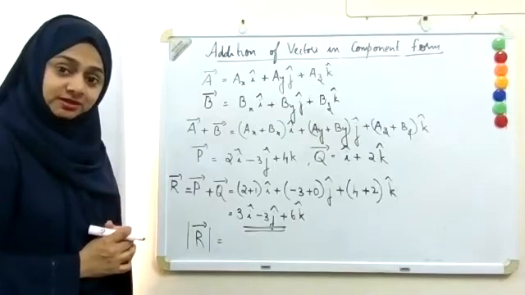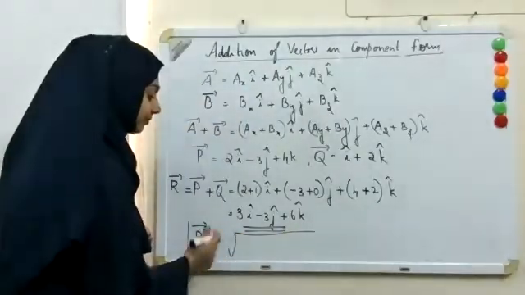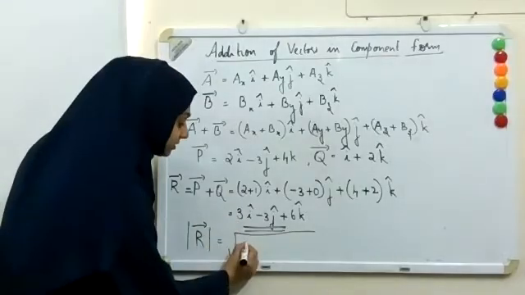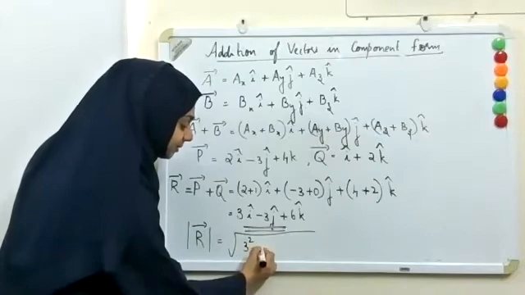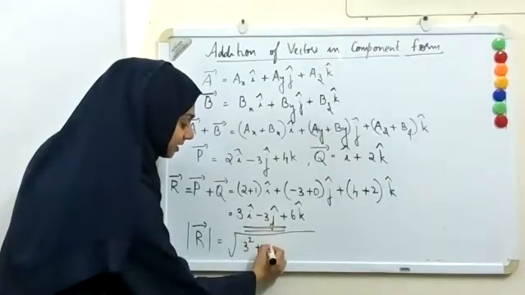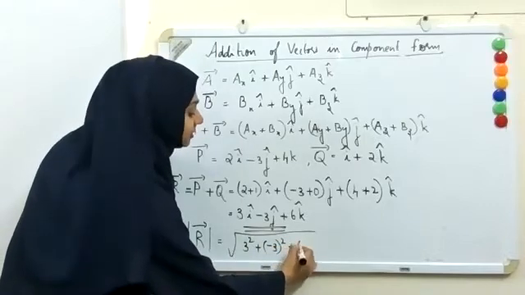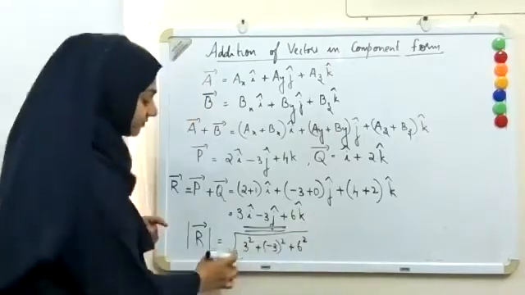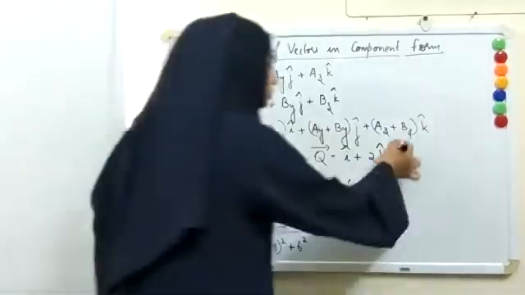Yes, Jamal. Root over coordinate of i square. I mean, yeah, coefficient of i square. Yes. Plus minus 3 whole square. Yes. Plus 6 whole square. Yes. So you just have to take each of them, take their square and take the root over.